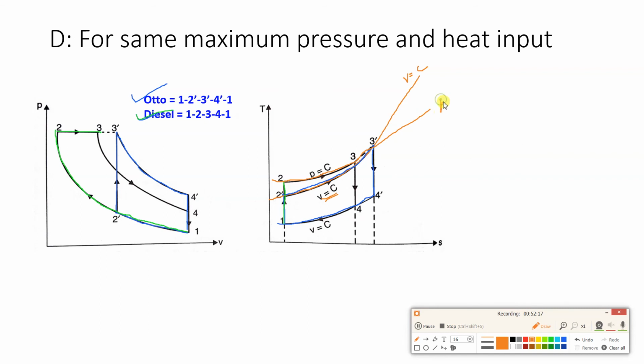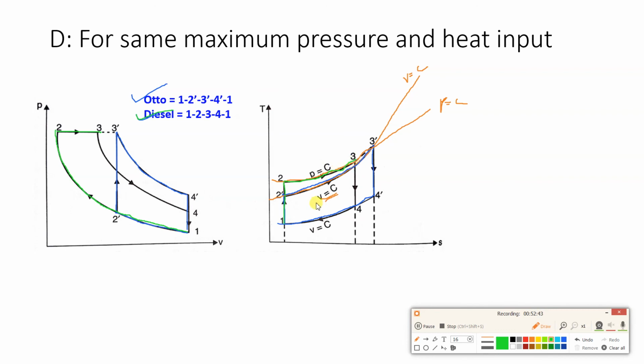So this curve is pressure equal to constant curve. So here you can see now process 2 to 3. Okay, so from point number 2 we are following constant pressure curve. Now I'll follow it till this one.